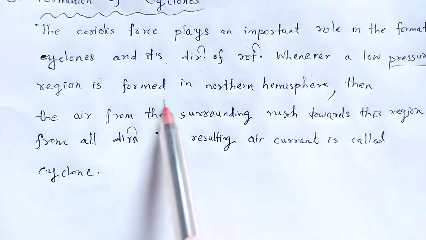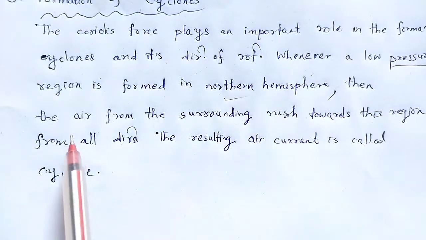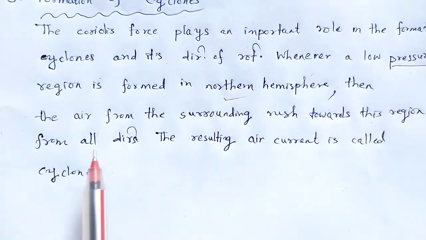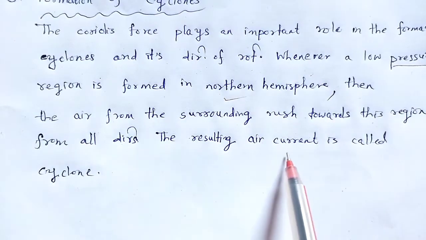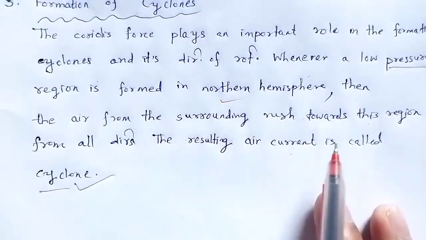Whenever a low pressure region is formed in the northern hemisphere, the air from the surroundings rushes towards the region from all directions. The resulting air current is called a cyclone.